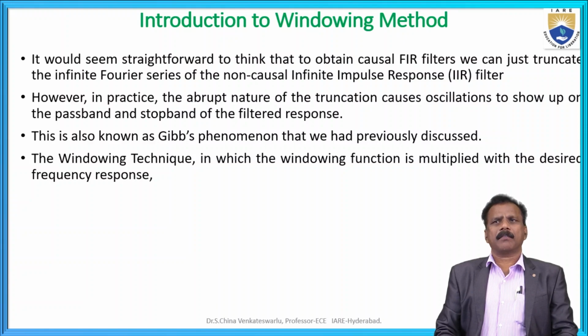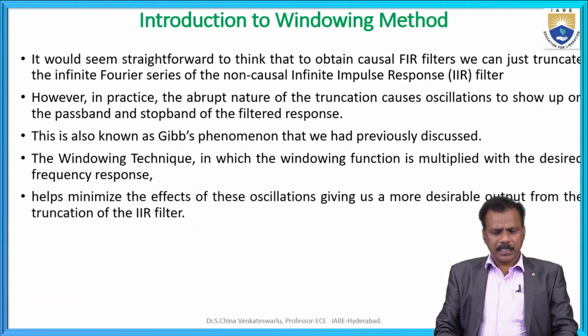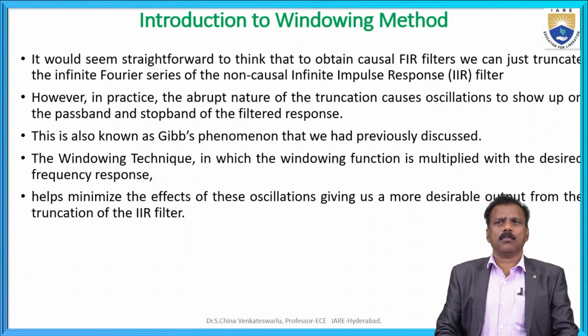The abrupt nature of the truncation causes oscillations in the passband or stop band of the filter response. Windowing helps minimize the effects of these oscillations, giving us a more desirable output from the truncation of the infinite impulse response. But here we are going to use the finite impulse response for the windowing technique.